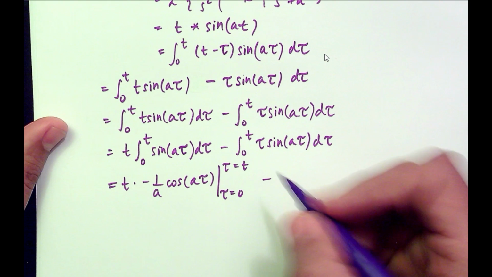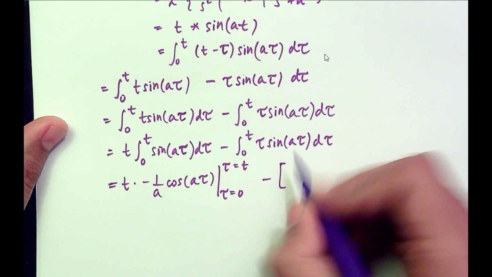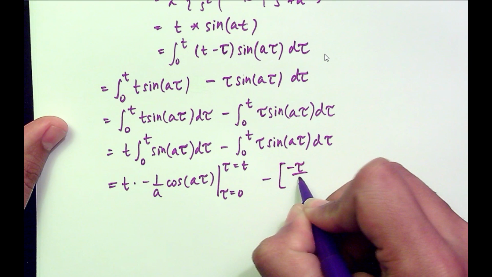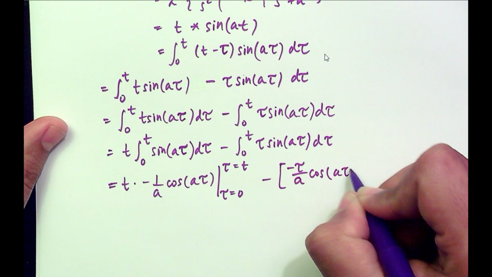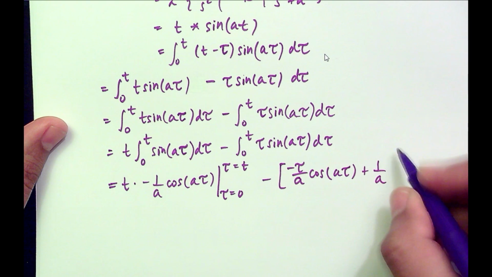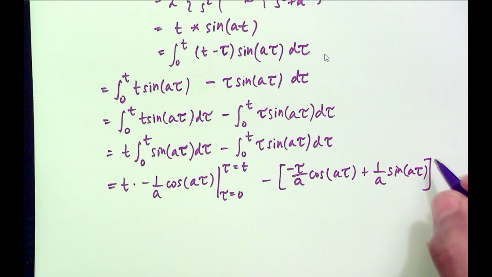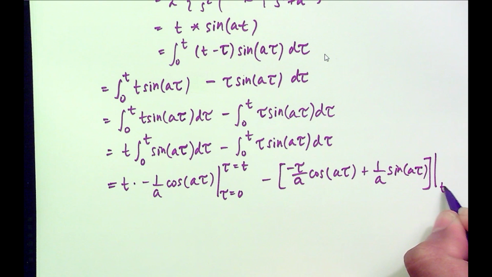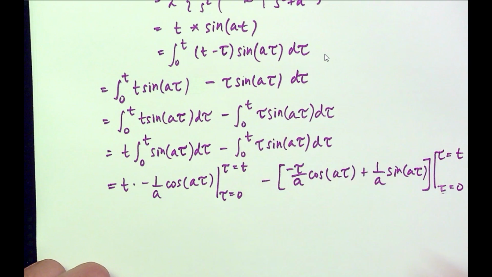If you do integration by parts here, you get negative tau over a cosine of a tau plus 1 over a sine of a tau, and you evaluate it between tau equals 0 and tau equals t.